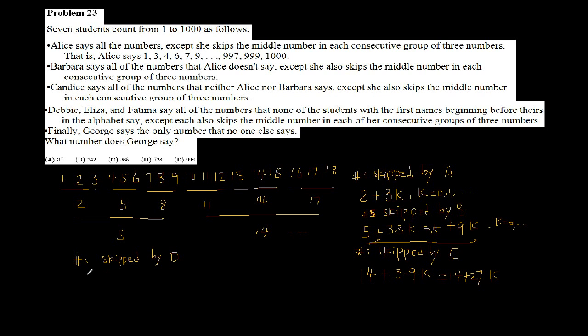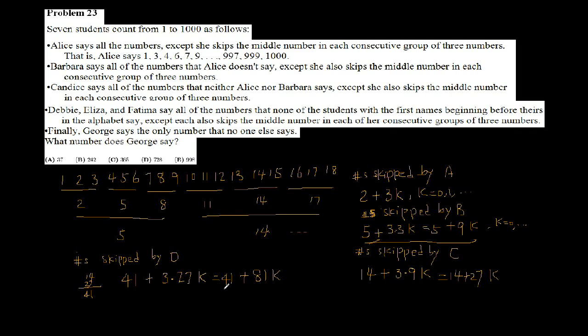So the first number will be 14 plus 27, that's 41, right? So it will be 41 plus, and in this case it will be 3 again, every 27's skipped by C, so that will be equal to 41 plus 81k. Those are the numbers that will be skipped by D.